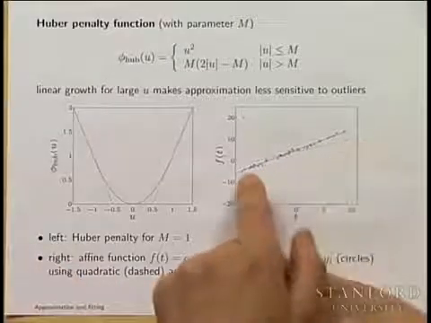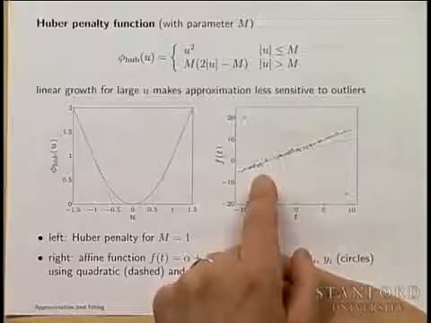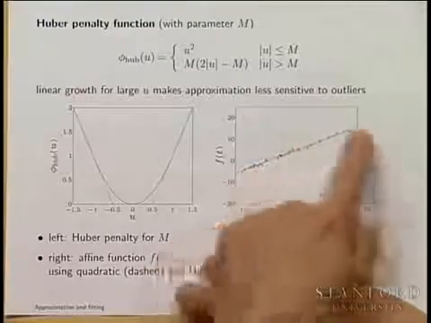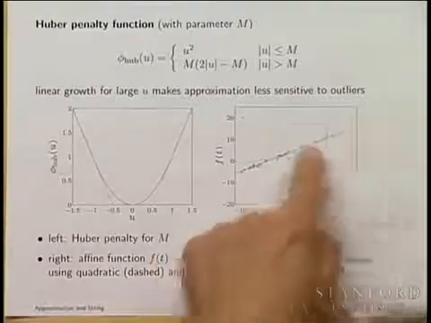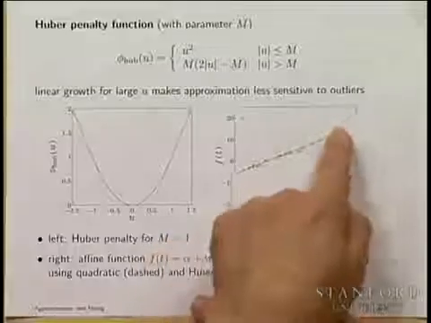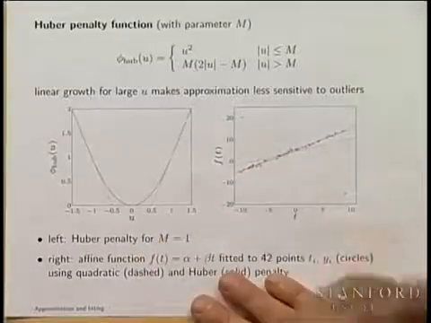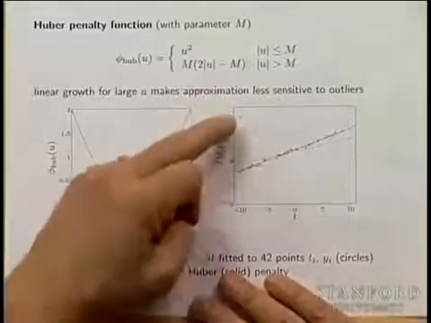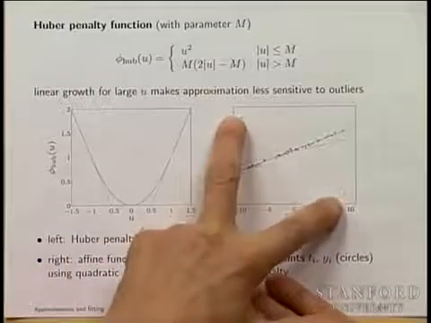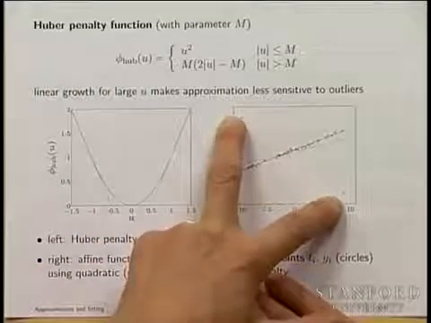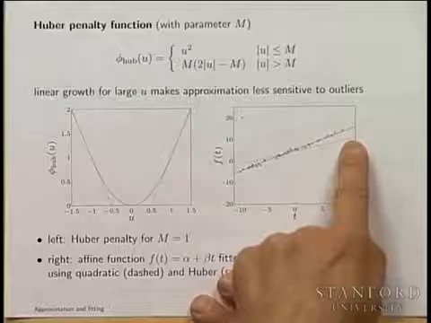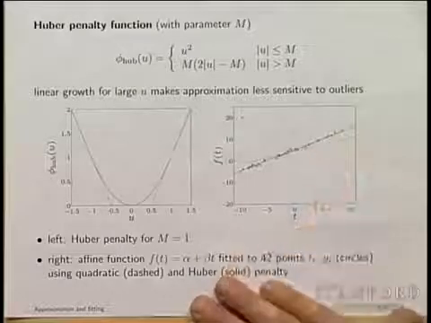So here's an example. It's a made-up example, but it gives the idea. Here's a whole bunch of points, 40 points here that kind of lie on a line. And then we threw in two serious outliers, like that. Okay? Well, the least squares fit is this dashed line.